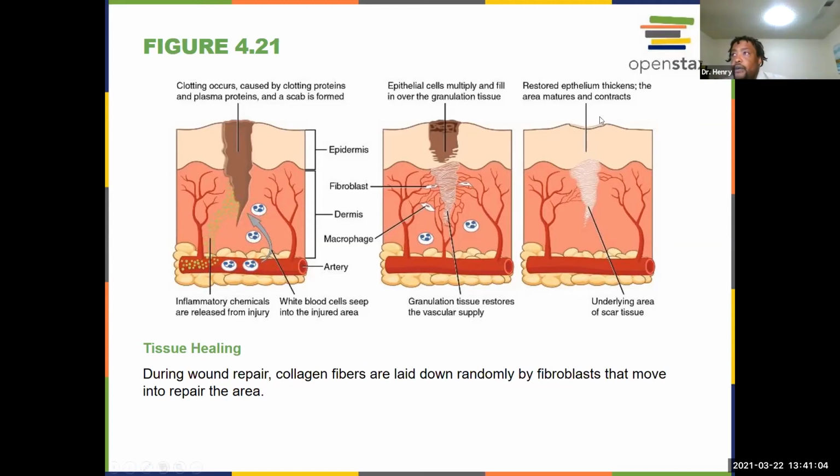Your epithelial area is going to be restored, and often we'll have a little indent or a scar as a result. If scar tissue remains, it can extend from that internal part all the way up to the surface if you're not careful.